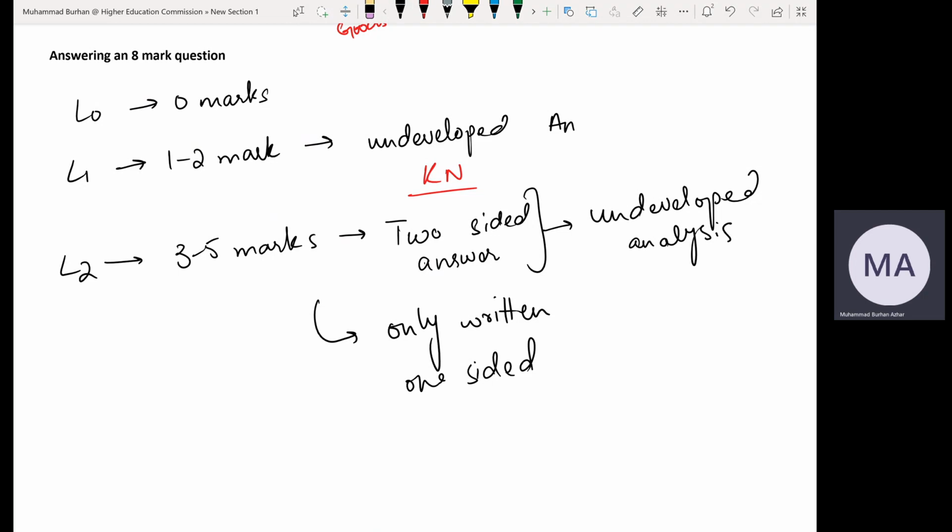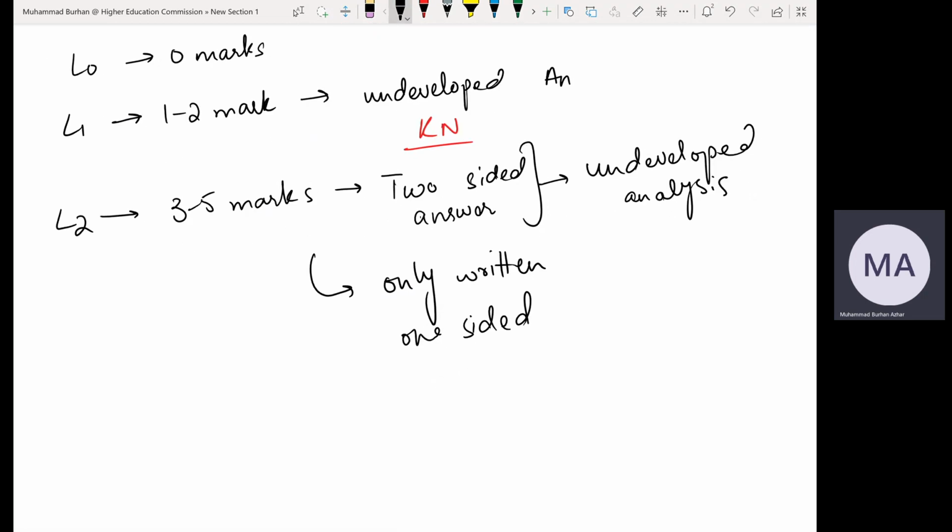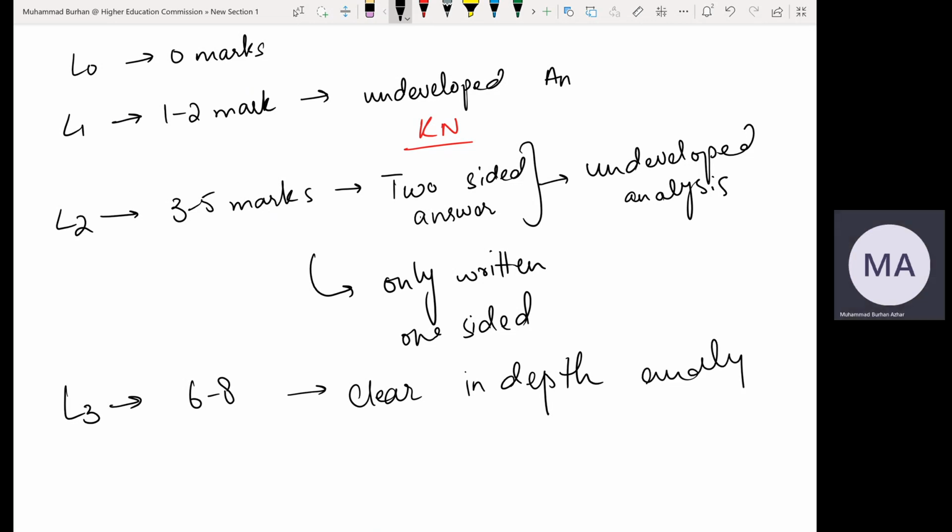Okay? So that is level 2 marking. And finally we have level 3 marking, which is 6 to 8 marks, and which is essentially you have clear in-depth analysis of both sides.